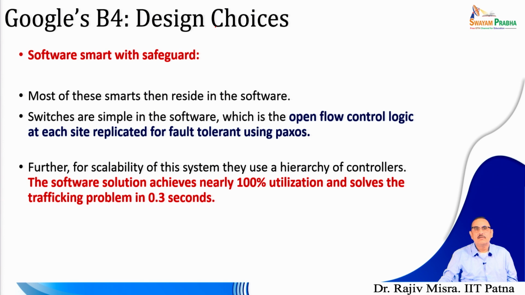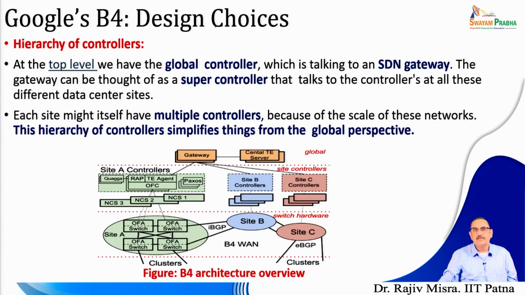The switches are simple, and the OpenFlow control logic at each site is replicated for fault tolerance using Paxos. Further, for scalability of these systems, they use a hierarchy of controllers. The software solution achieves nearly 100% utilization and solves the traffic engineering problem in 0.3 seconds. So, you can see that utilization increases from 30% to 100%.